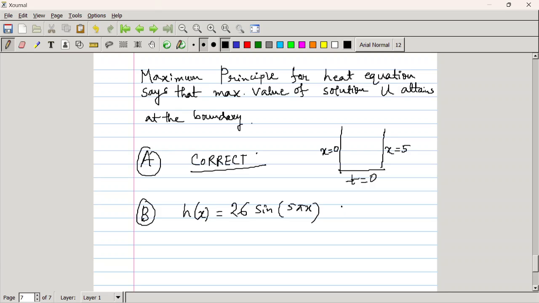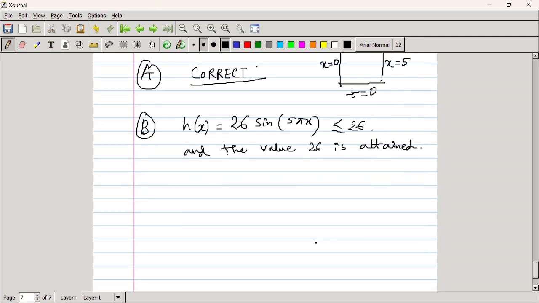The value 26 is attained at some x, so 25 is not the maximum value.